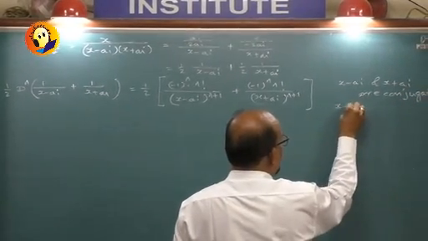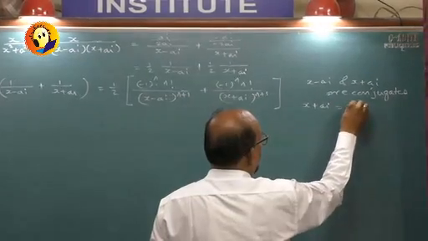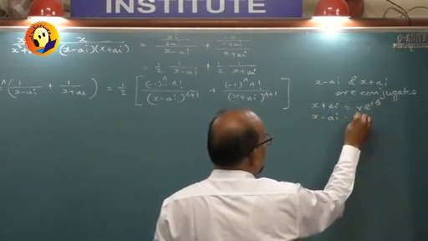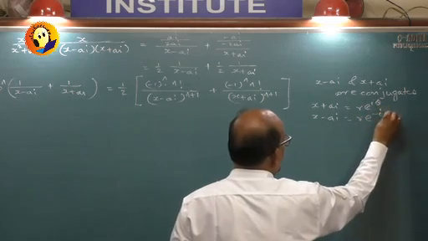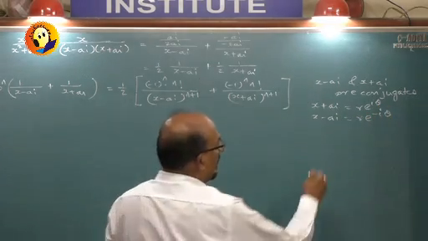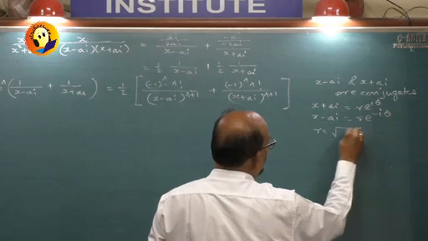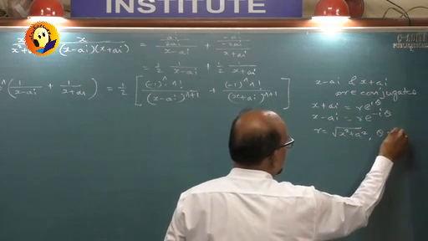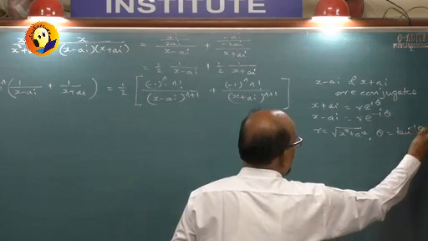So if I say x plus ai is equal to r e raised to i theta, x minus ai will be r e raised to minus i theta, where r is root of x square plus a square and theta is tan inverse of a by x.